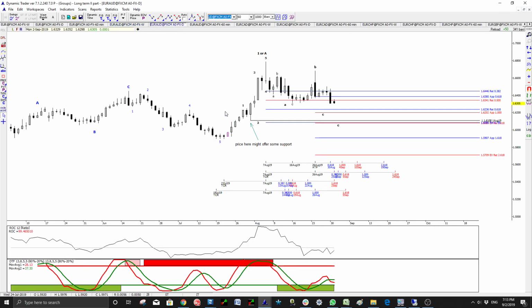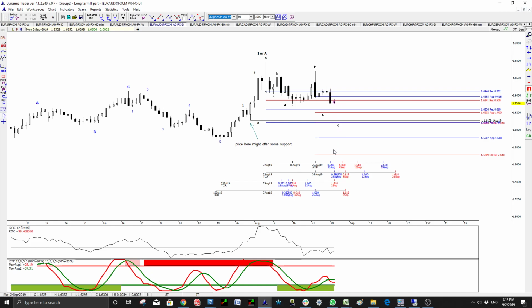On the daily chart, we can see a 5-wave movement towards the upside once the breakout occurred, and the market right now is correcting. It needs more momentum and more strength, and it's trying to find a support area.